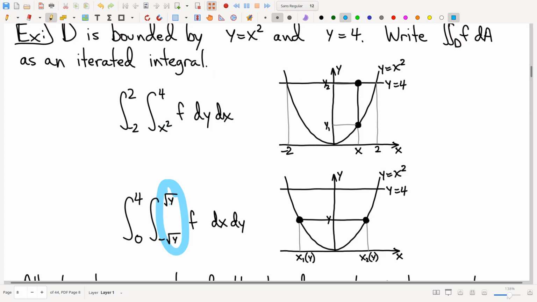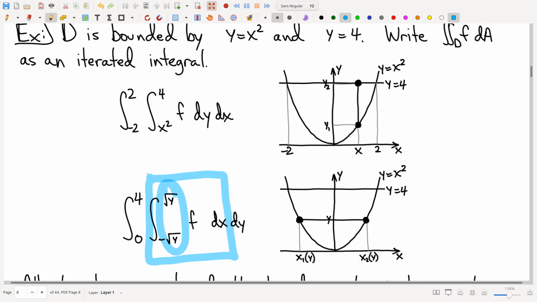I'll point out that it's particularly bad that these square roots are in the inner bounds. Because now let's think what's going to happen when I compute this inside integral. When you compute this inside integral, you're going to play certain games and find the anti-partial with respect to x, the blah, blah, blah. There'll be some formula there into which you're then going to plug in some square roots.